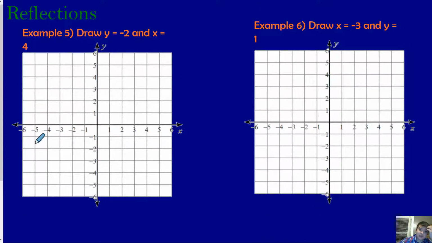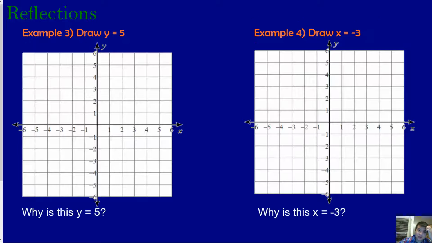The next thing we're going to do is drawing vertical and horizontal lines. The first one says, draw y equals 5. To draw y equals 5, you need to know some points that have a y-coordinate of 5. So I'm going to do (0, 5), because that has a y-coordinate of 5, and put a dot right here. (2, 5), (4, 5).